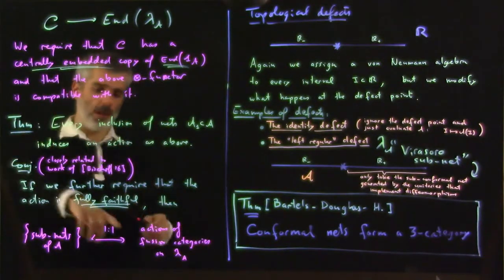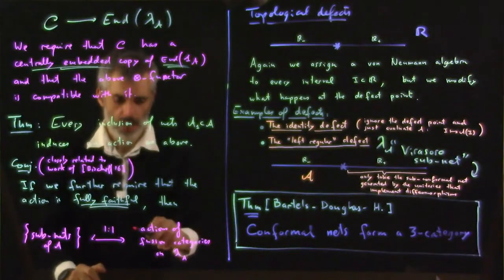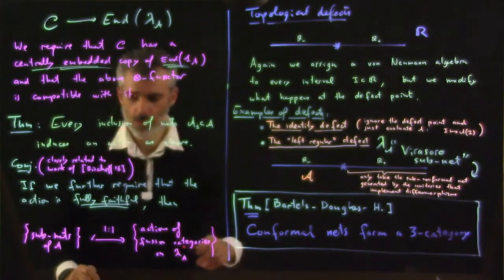So with all this stuff, like fully faithful and with a centrally embedded copy of this braided tensor category.